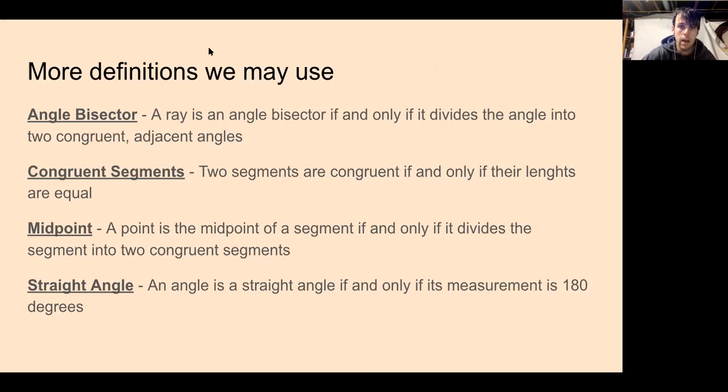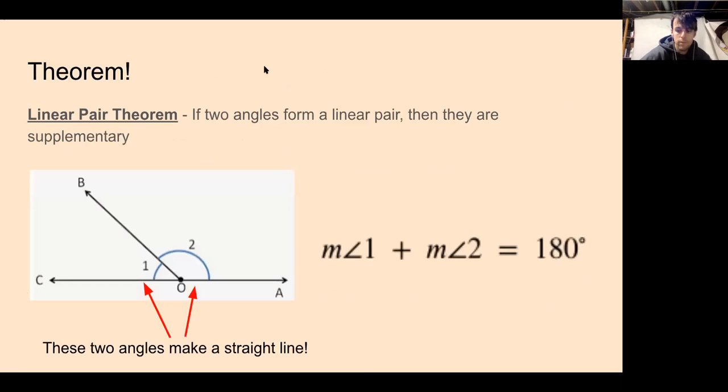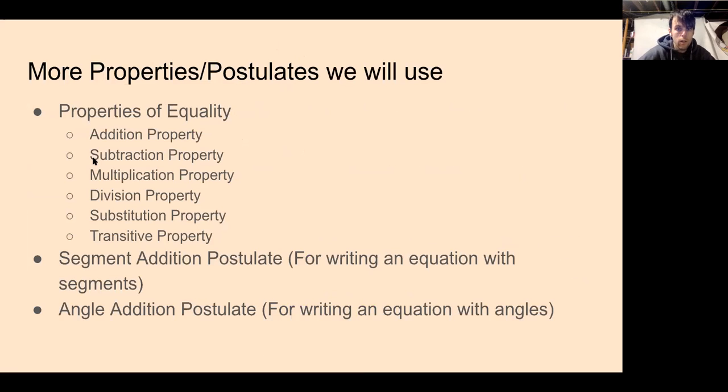Okay. The next thing is just some other things that we'll use as reasons that are not definitions. We have all the properties of equality. So these 4 right here, the addition, subtraction, multiplication, division, those are all the ones that are going to be involved when we're solving an equation, or we add to both, we've used these already.